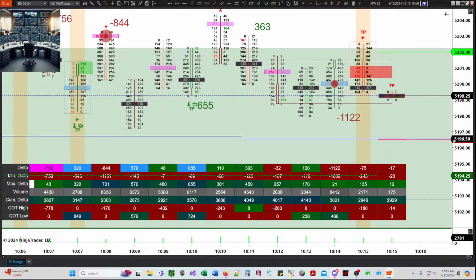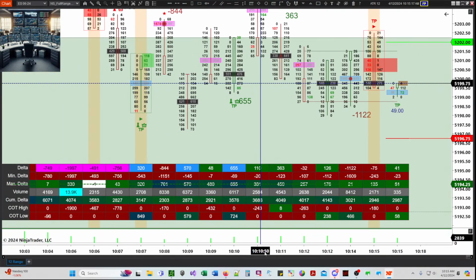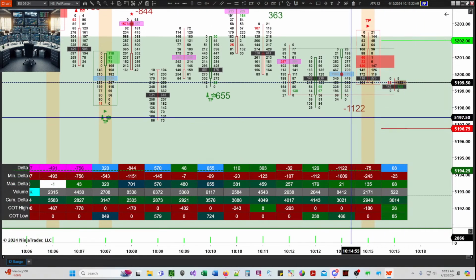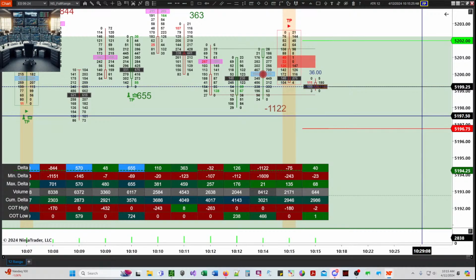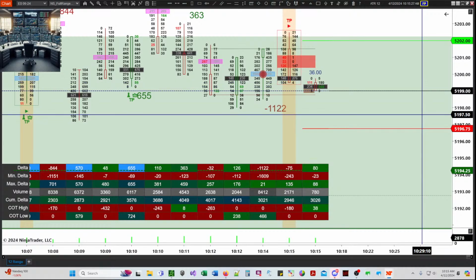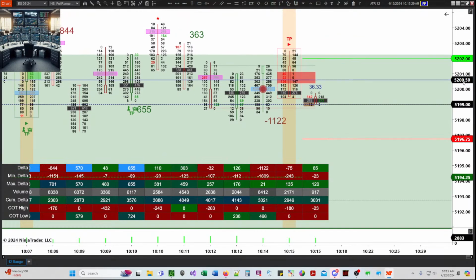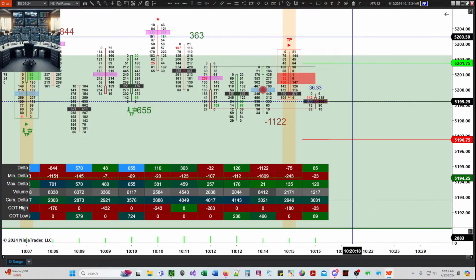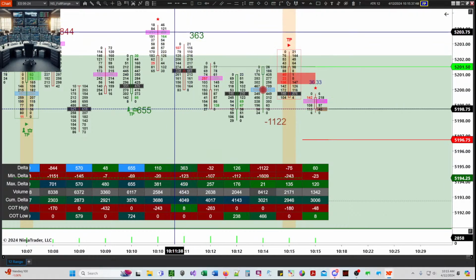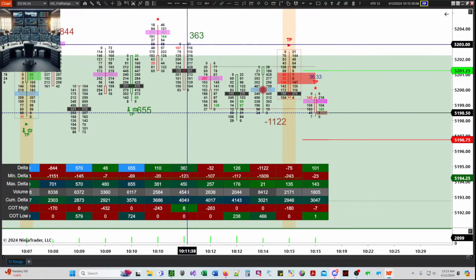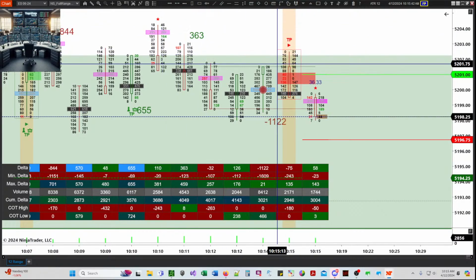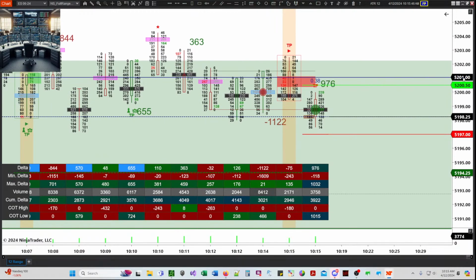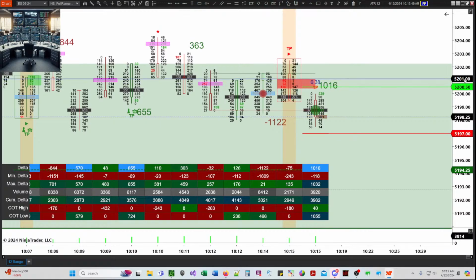Low is 97 and a quarter on that low over there. Notice every time we get up here in this area, the buyers peter out. We got 21 here, we got 21 here, we got 46 here. Buyers are losing a little faith in the upside.